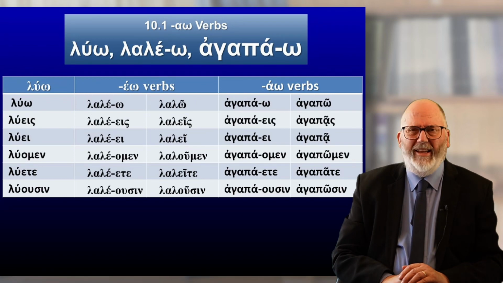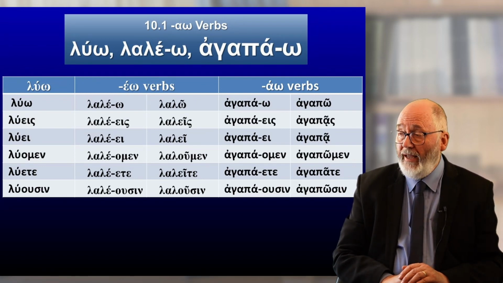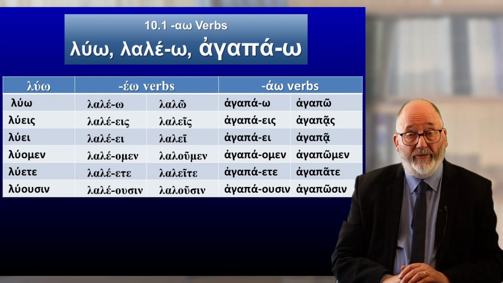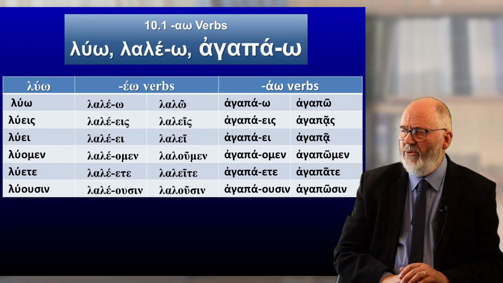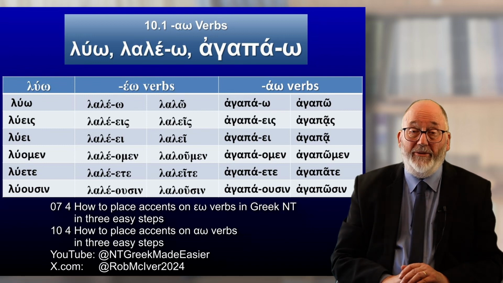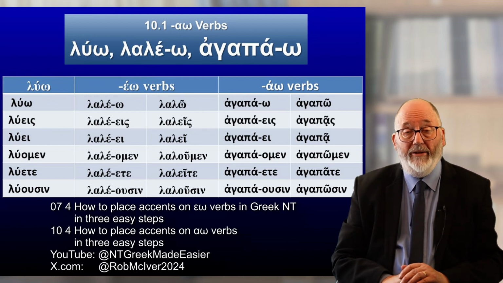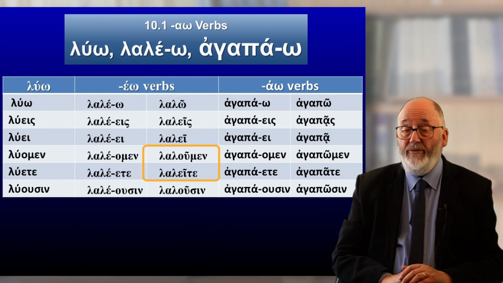Now, it's interesting to compare what happens with λαλέω verbs and ἀγαπάω verbs. With λαλέω verbs, the rules of contraction resulted in only minor changes, really. The accents changed, and they do in the ἀγαπάω verbs as well. And yes, there are two other videos looking at the accents of λαλέω and ἀγαπάω verbs on the channel. So with λαλέω verbs, the changes were relatively minor.